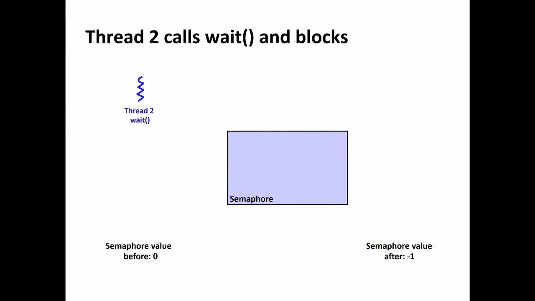After that, the semaphore value becomes 0. Now, if another thread calls wait, there are no tokens here, so it sleeps. In this case, we say the semaphore value dropped from 0 to -1 to indicate that there is one thread sleeping on the semaphore.